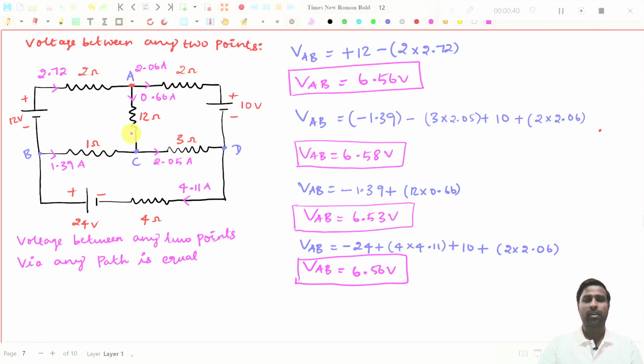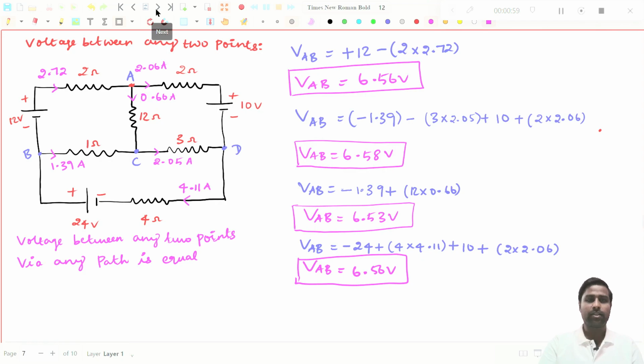Voltage between any 2 points via any path in an electrical circuit will be equal. That is very important, because I have told you already, we will use this concept so many times in the future lectures, right?